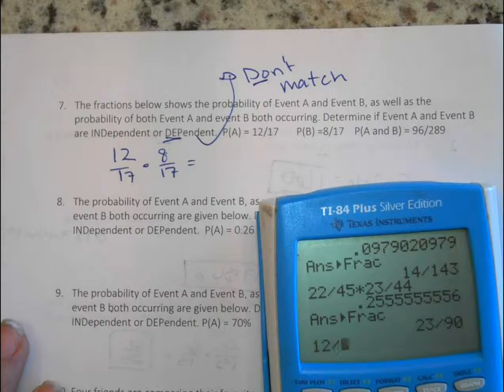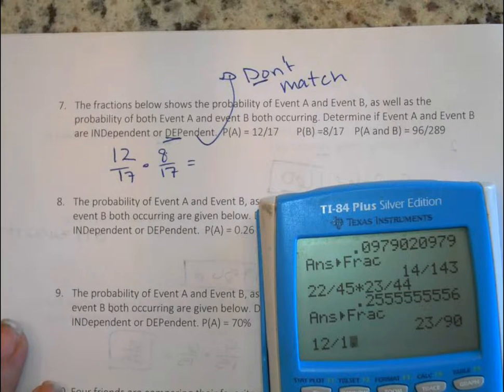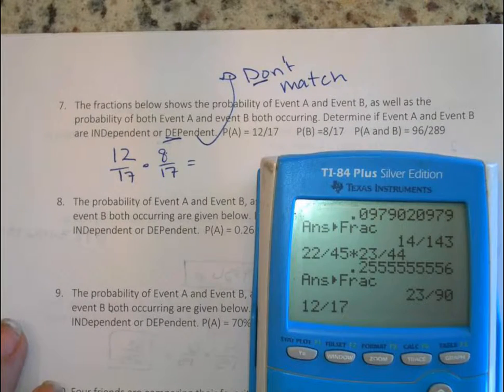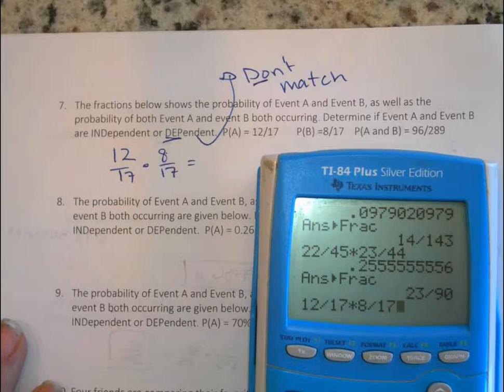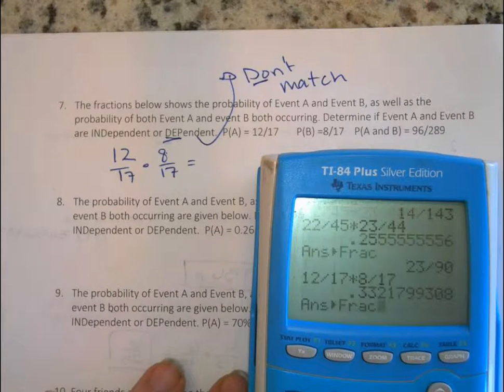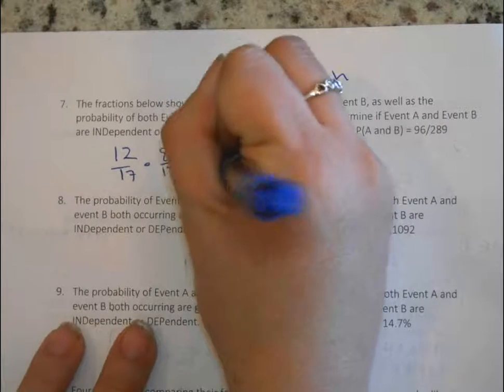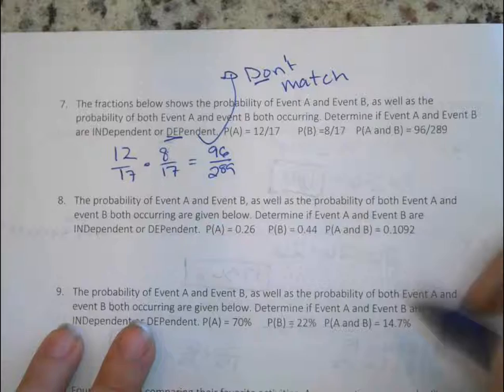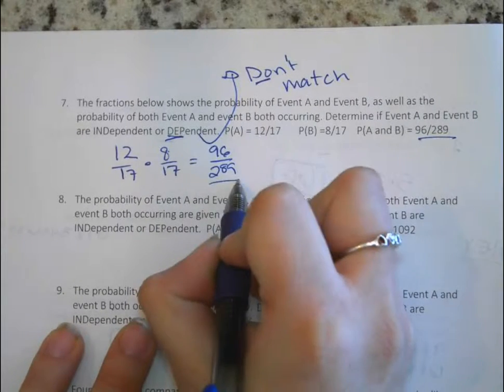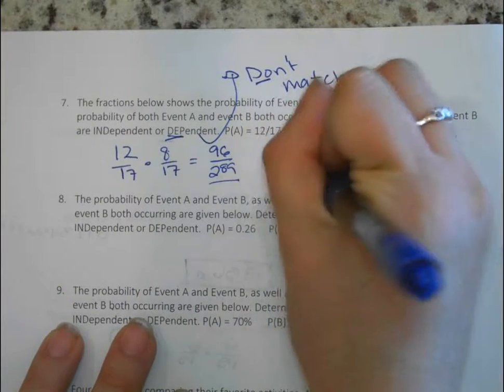So 12 divided by 17 times 8 divided by 17 gives me a decimal. I go math fraction. It gives me 96 over 289. So these 2 match, this one and this one. So this one is going to be independent.